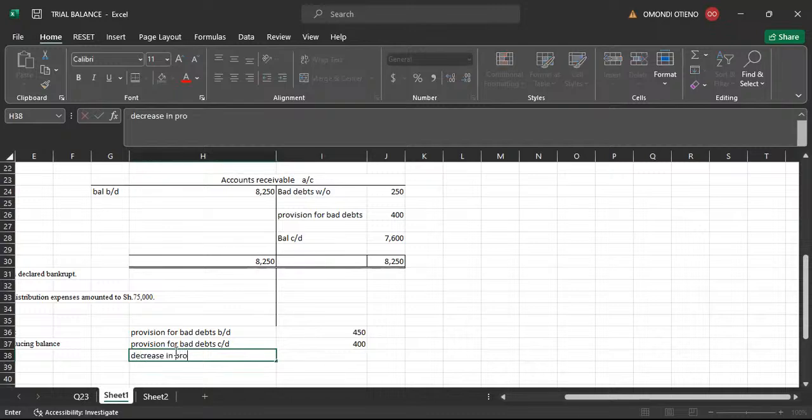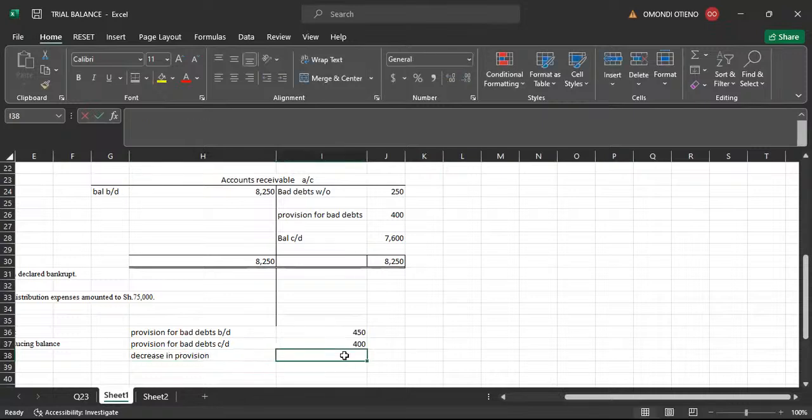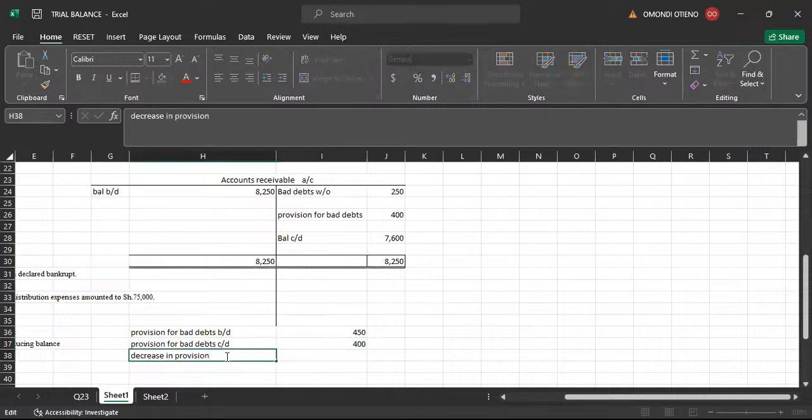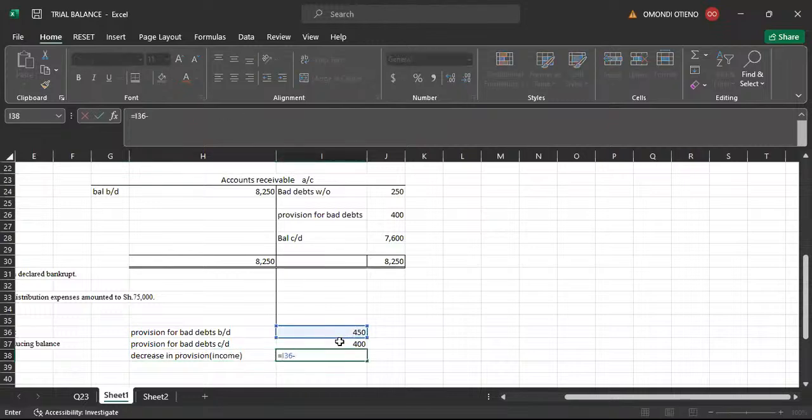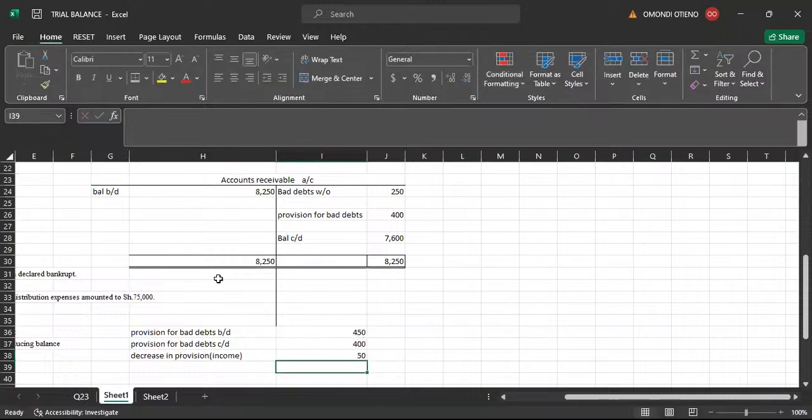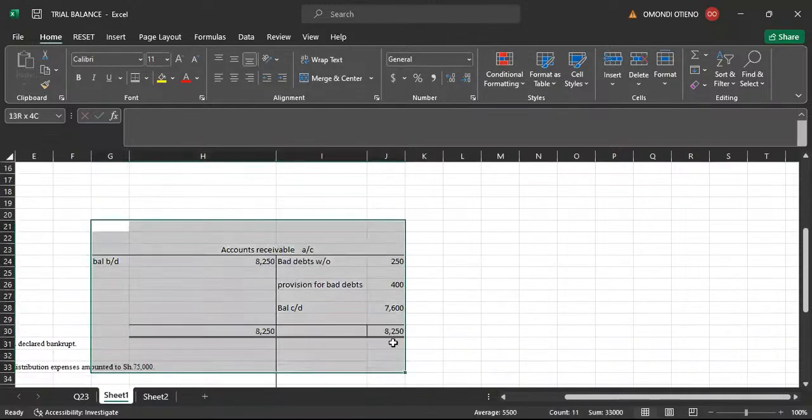Decrease in provision is now giving us what they provided. They anticipated that they are going to have 450 as bad debts. But then at the end of the year, they now realize that it is 400. So that is now a decrease in provision, and that decrease in provision is an income. So they have received 50.